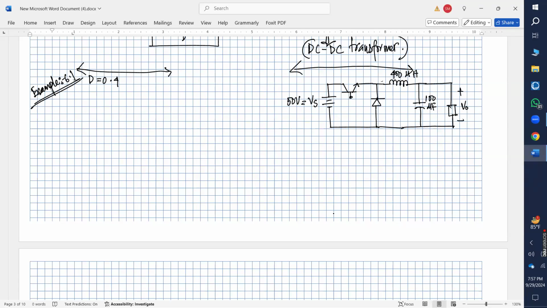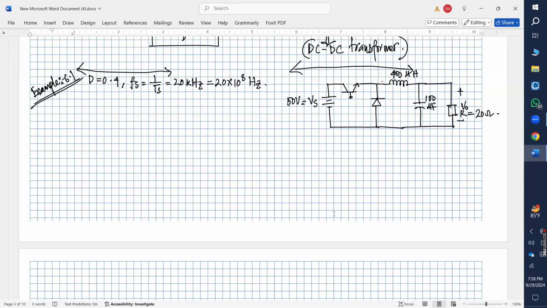Now this resistance value R is given as 20 ohm. And the operating frequency, that is your Fs, which is 1 over Ts, is given as 20 kilohertz, which is 20 multiplied by 10 to the power 3 hertz.